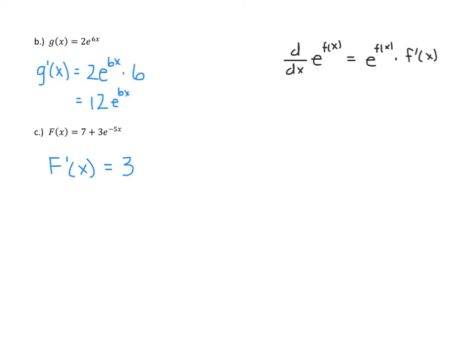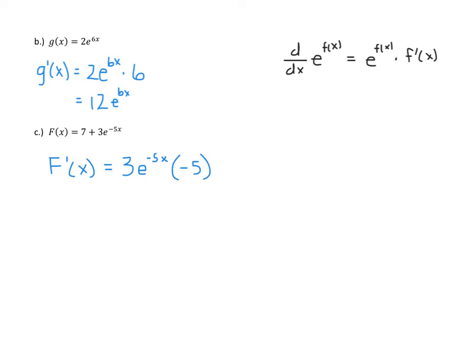Well, we know that using our formula here for taking the derivative of e to the function, in this case we can think of our function as the negative 5x. So our derivative then is going to be e to the negative 5x, but now we have to multiply by the derivative of negative 5x. The derivative of negative 5x is negative 5.